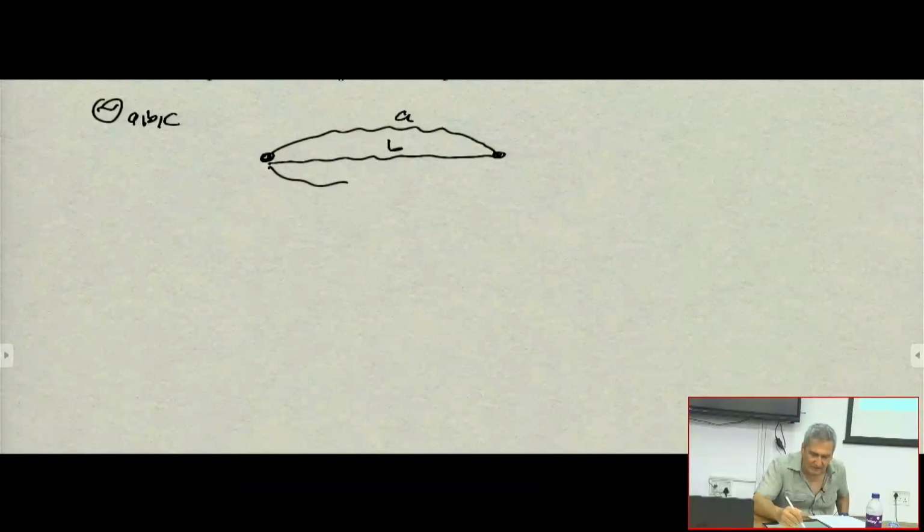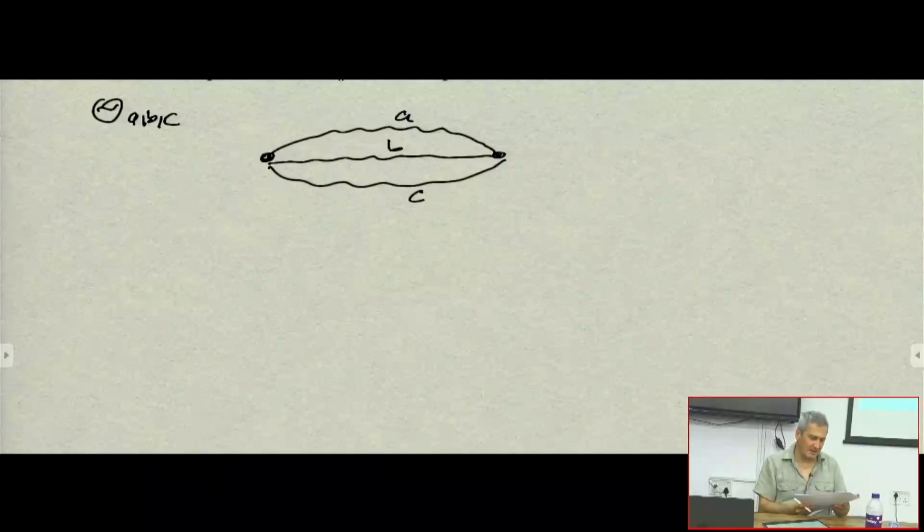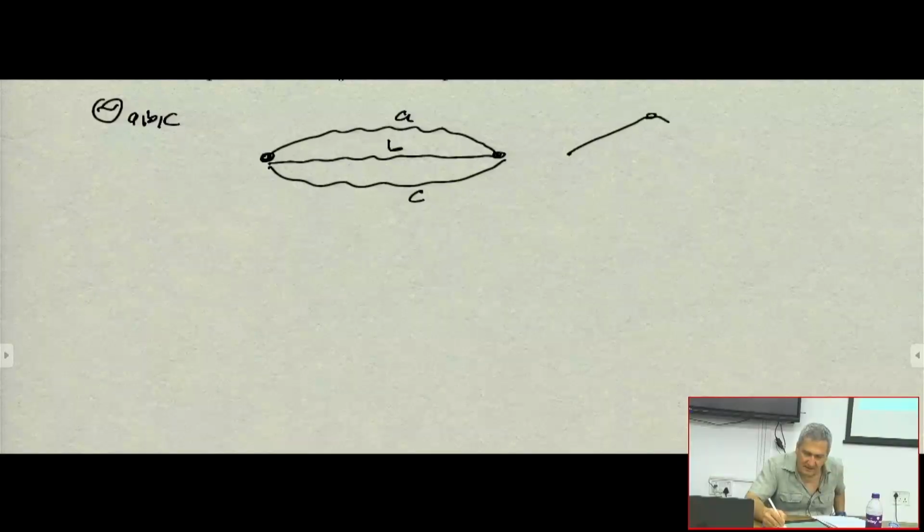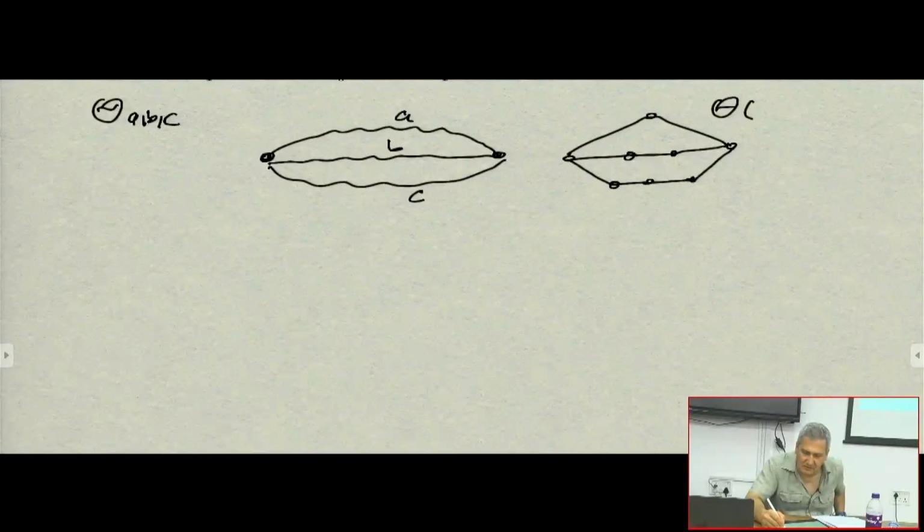That means two vertices, and a path of length A, a path of length B, a path of length C. This is theta A, B, C. Maybe I take one example: theta 2, 3, 4. Okay, an example of a theta graph.